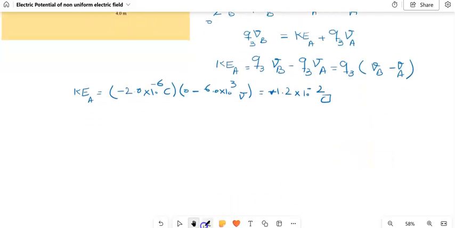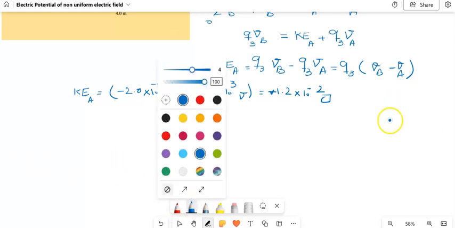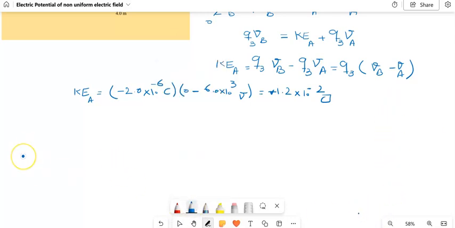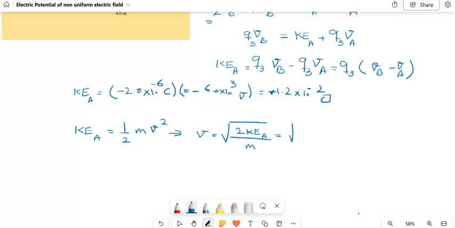Now we want to calculate the speed of that. Let's open the kinetic energy. The kinetic energy at point A is going to be 1/2 the mass of this object times the speed squared. So the speed is going to be the square root of 2 multiplied by the kinetic energy at this point over the mass of charge Q3.